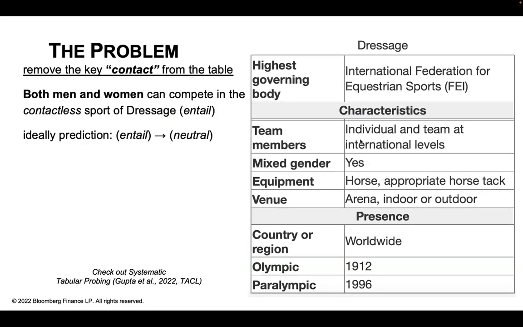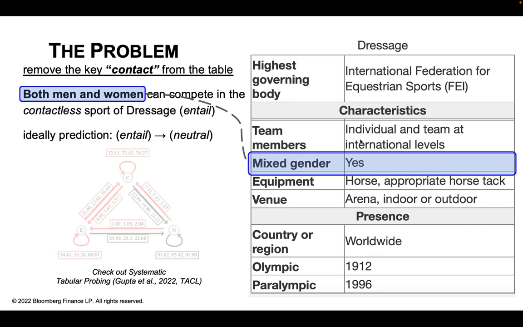Now recently another work, which is also presented here, a TACL paper, systematic tabular probing, shows that when a systematic perturbation is done on the table, for example if we remove the key contact from the table, then the model prediction should go from entail to neutral, but we found that it doesn't happen that often.